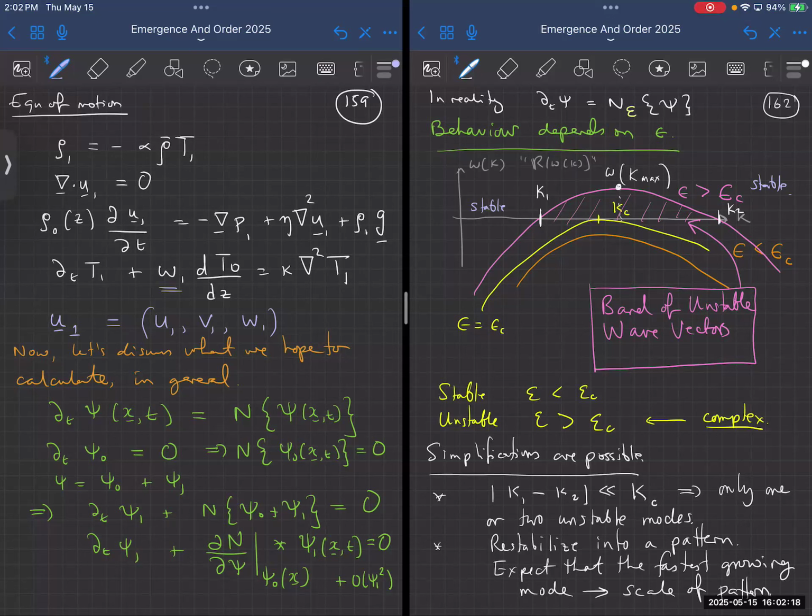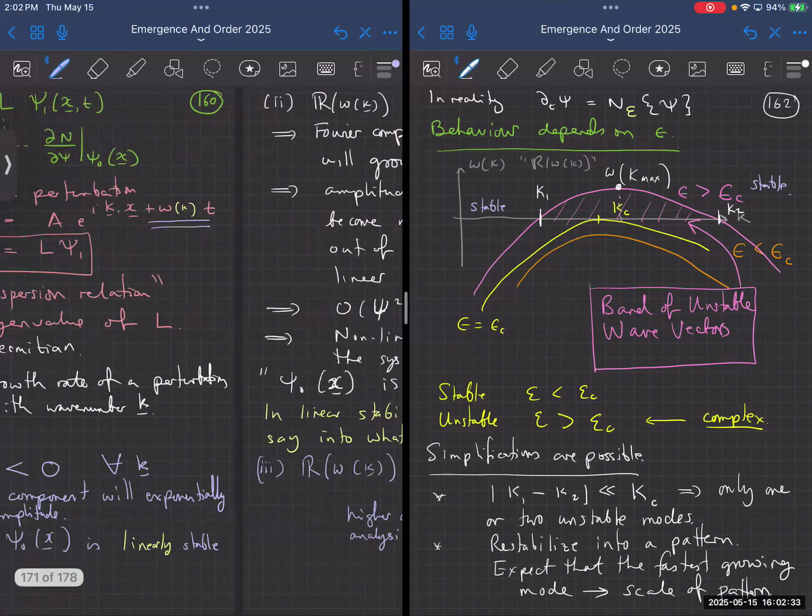And if the band of k vectors is not too large compared with the critical value kc, then we can make an approximation such as a one mode or two mode approximation, which is one of the best ways to try to do analytical work on this sort of problem.